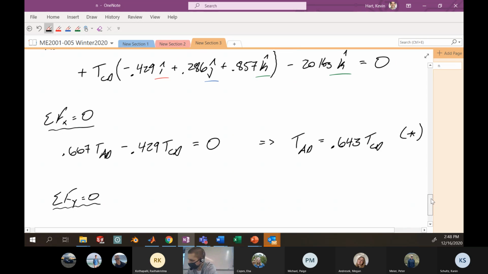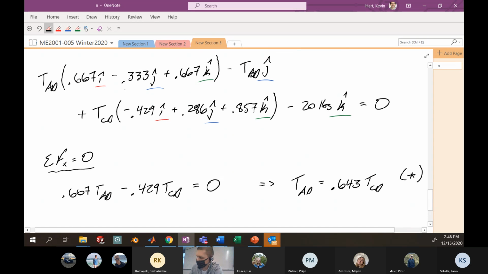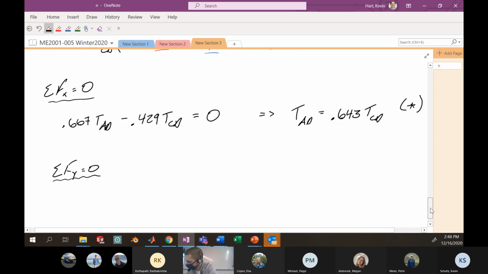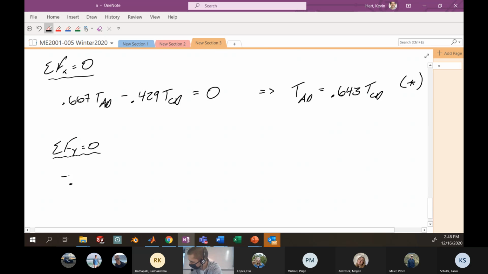Sum of the forces in Y equals 0. So here I'm going to pluck the negative 0.333 TAD. Minus, I have all of my tension of BD in this general direction. And then plus my contribution from CD, which is 0.286 TCD. This all equals 0.